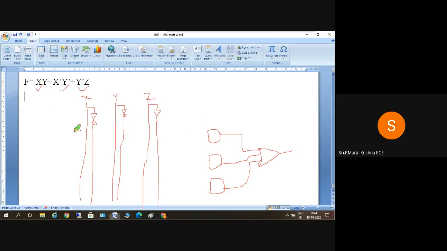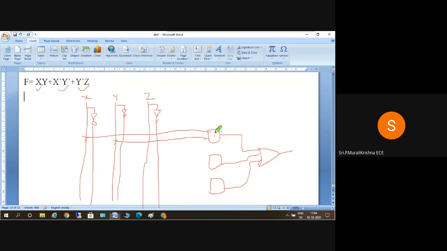So the first one is XY. Where is X here? This is X here, so put a cross mark there. And where is Y? Here it is Y. These 2 are given to these 2 inputs. X is given here, and Y is given here.